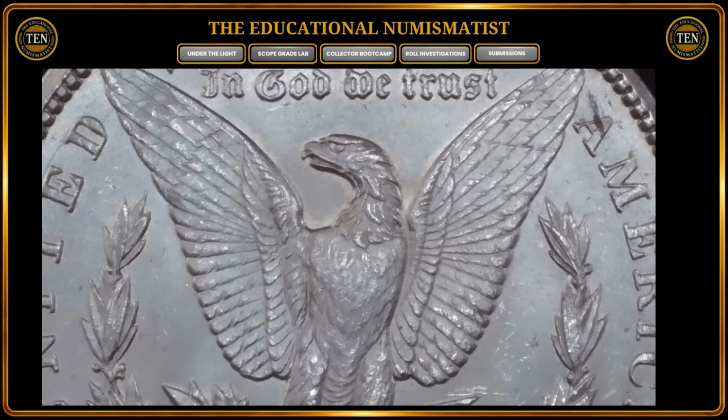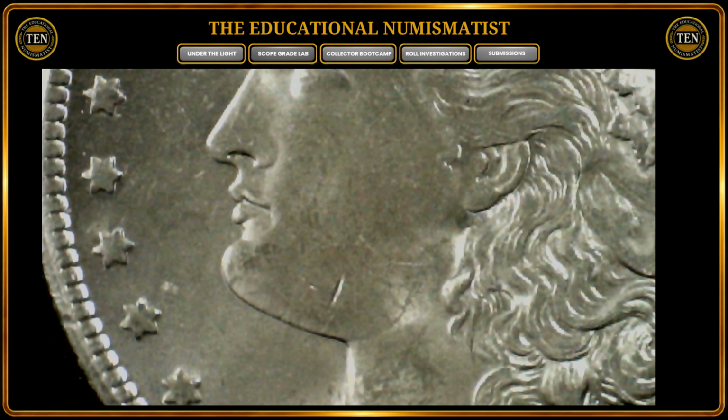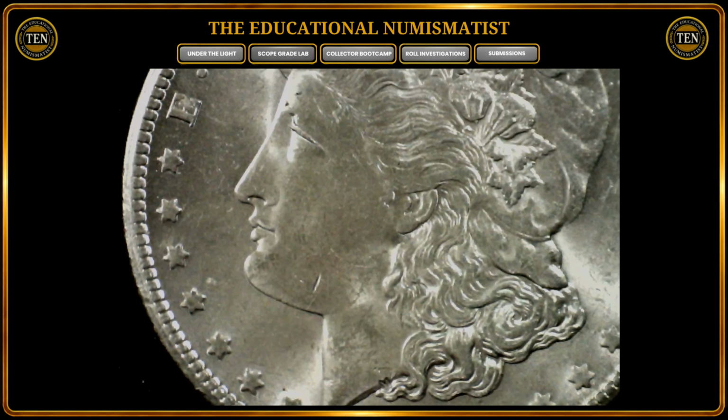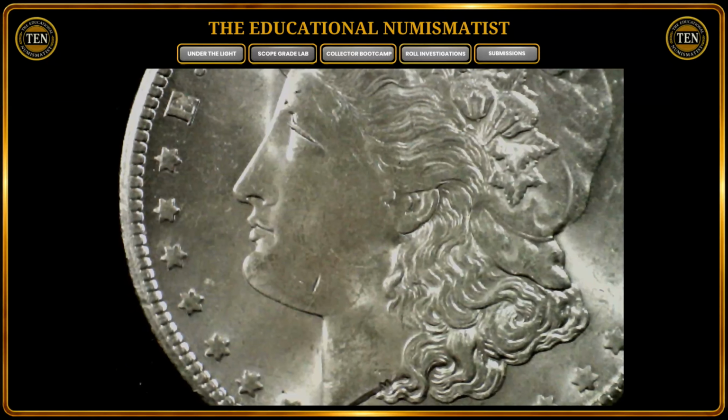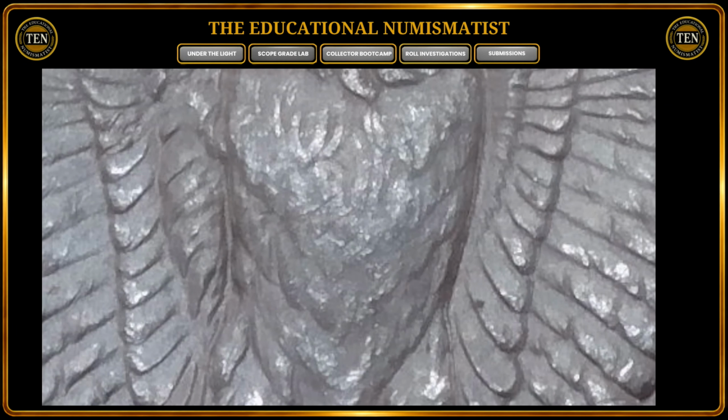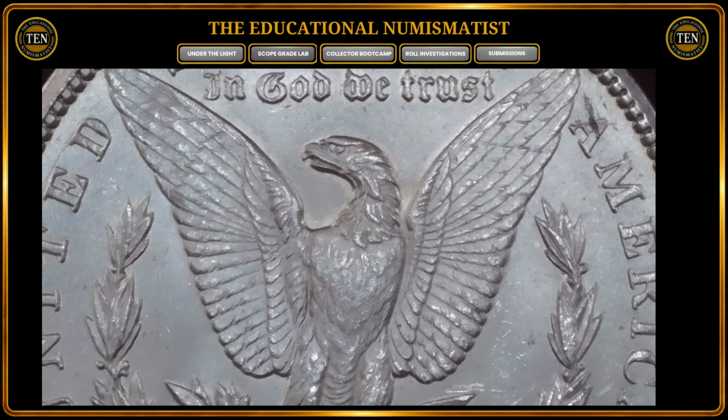Lost detail was once present and was later removed by friction. A still image can show us where the design is incomplete, but it cannot always tell us which of those events occurred. For that, we need to stop judging only the shape of the feathers and begin examining the surface itself.